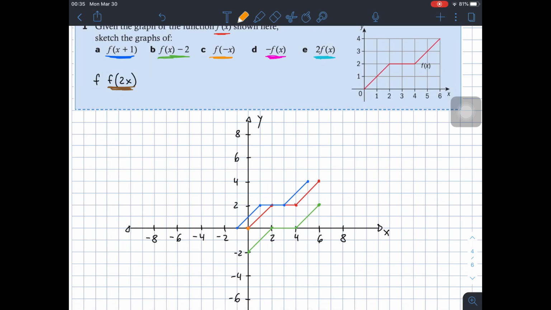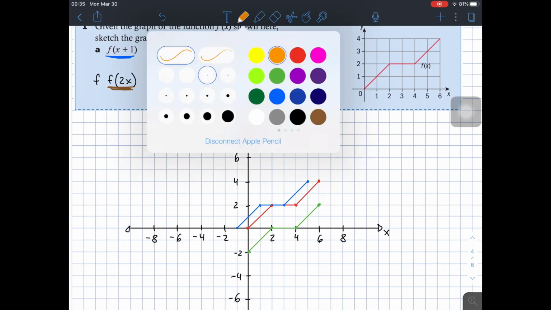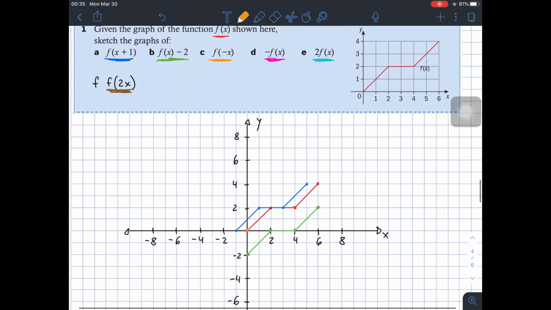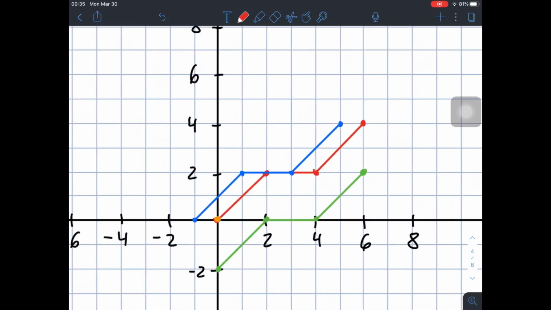So pay attention. This point, for example, has coordinates 0, 0. So if we change the sign of the x, it will still be the same point, right? It will be 0, 0. So this is like an invariant point for this particular exercise, okay?